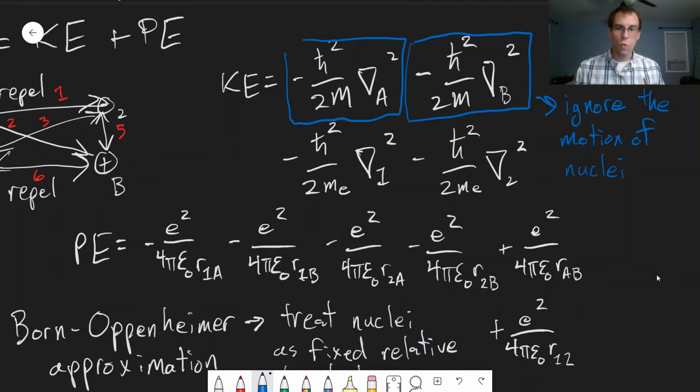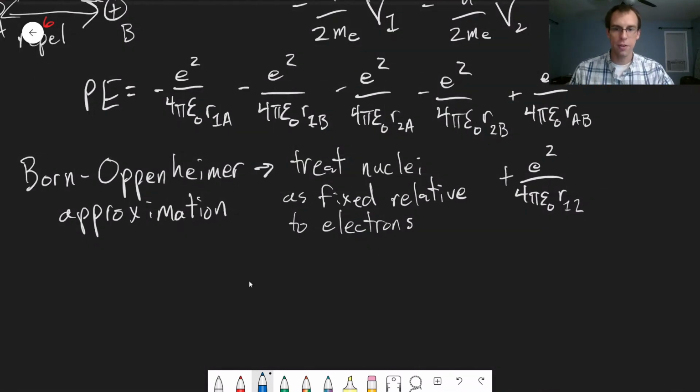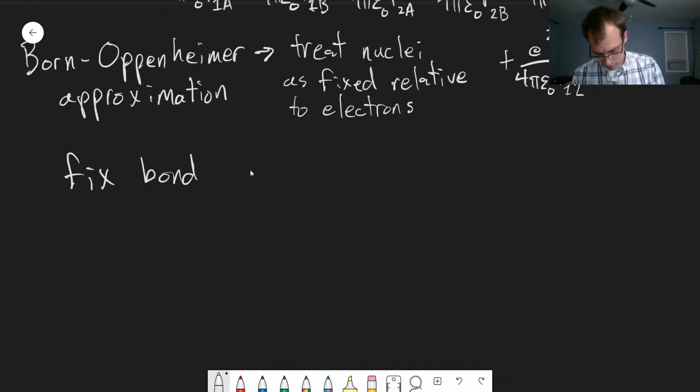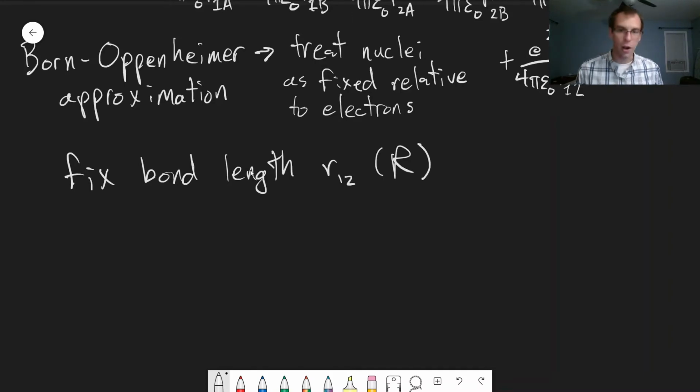And in practice, what we do with this is, say for a diatomic molecule, we will fix the bond length. And so in our units above, that would be R_AB, or sometimes we'll write this as big R. Sorry, that shouldn't be 1, 2, that should be AB.